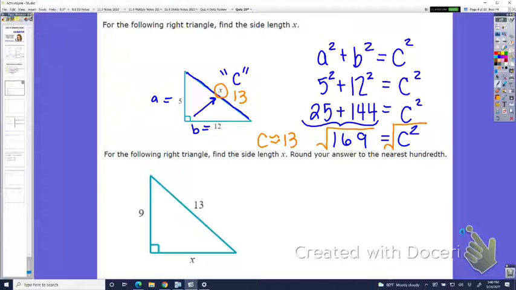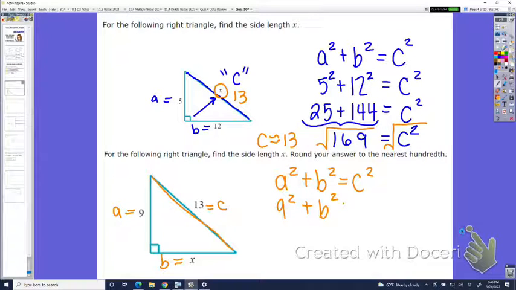Similarly, we're going to apply Pythagorean theorem to this bottom example, but this time we're missing one of the legs. So again, the longest side is going to be C, this could be A, and this could be B. So we're going to say 9 squared plus B squared equals 13 squared. So we already know 13 squared is 169, and 9 squared is 81. Now we need to solve for B. So we're going to subtract 81 first from both sides.